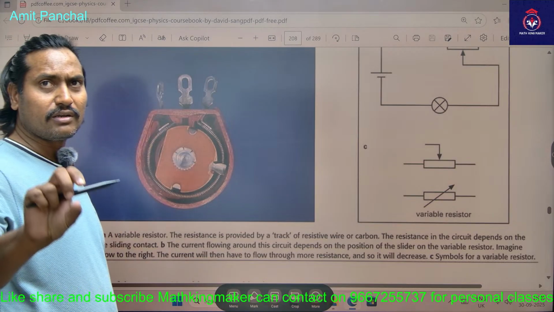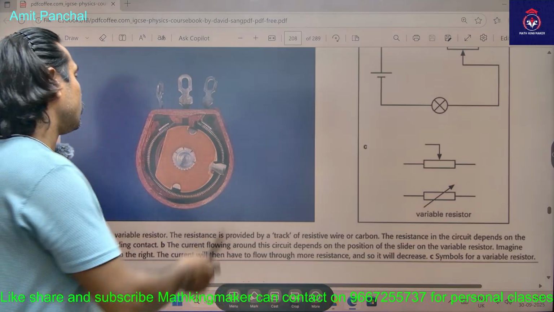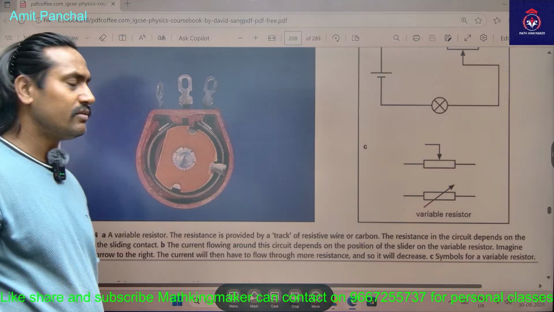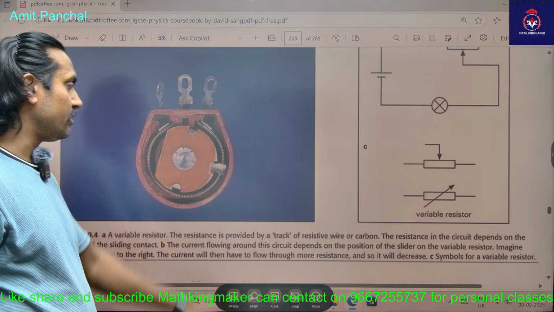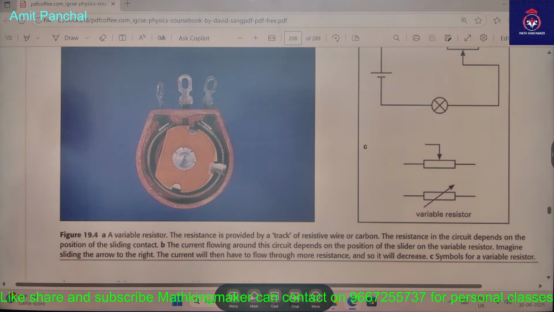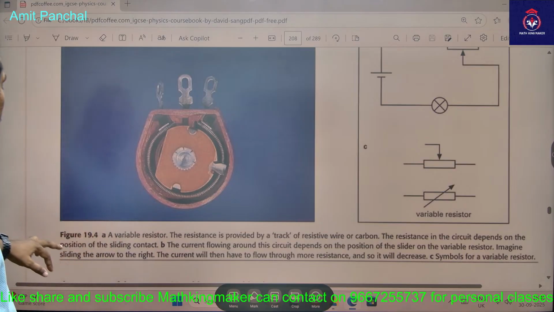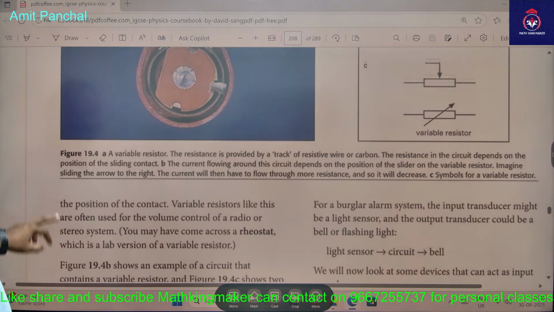As we operate the regulator, it makes contact with a different number of turns, so its resistance is getting changed. That resistor is said to be the variable resistor.